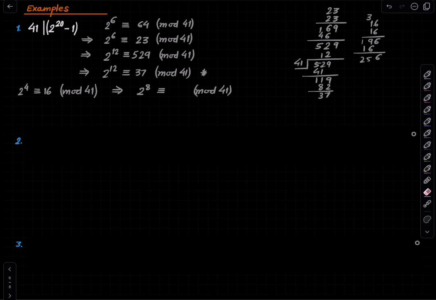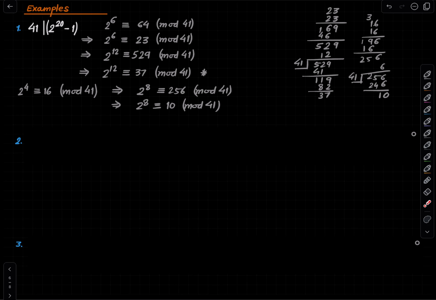So here I can write 256, but 256 can be reduced because we can just write the remainder of it modulo 41, which might be 5 times or maybe 6 times. 6 times would be nice. 6 times 41 is 246, and this is a 10. This implies 2 to the power 8 is congruent to 10 mod 41.